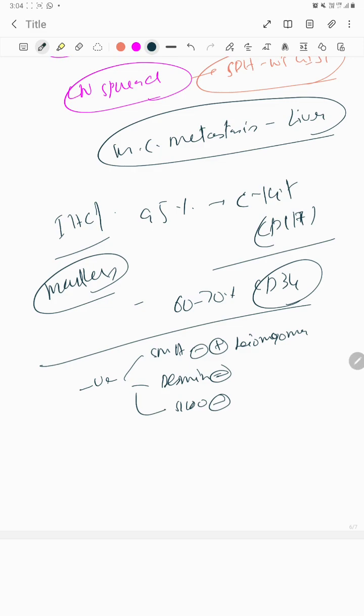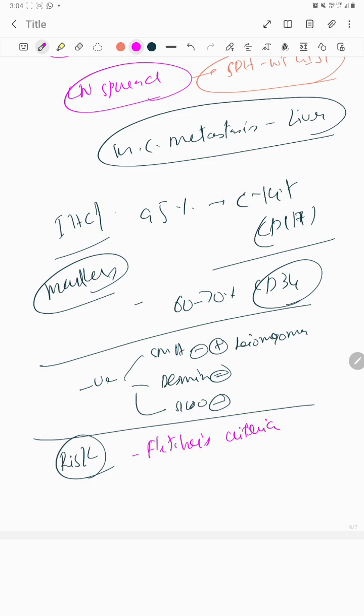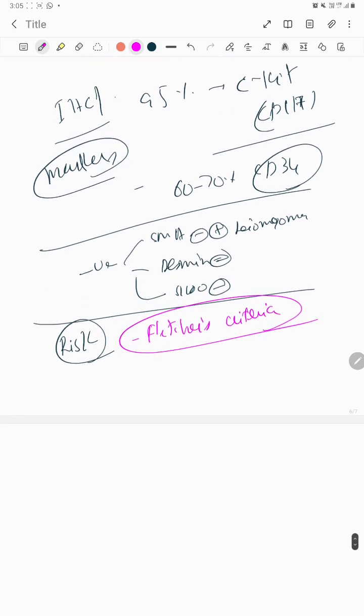So for risk stratification, there is a criteria called Fletcher's criteria in GIST. You must know this name and what categories are included under this risk stratification.